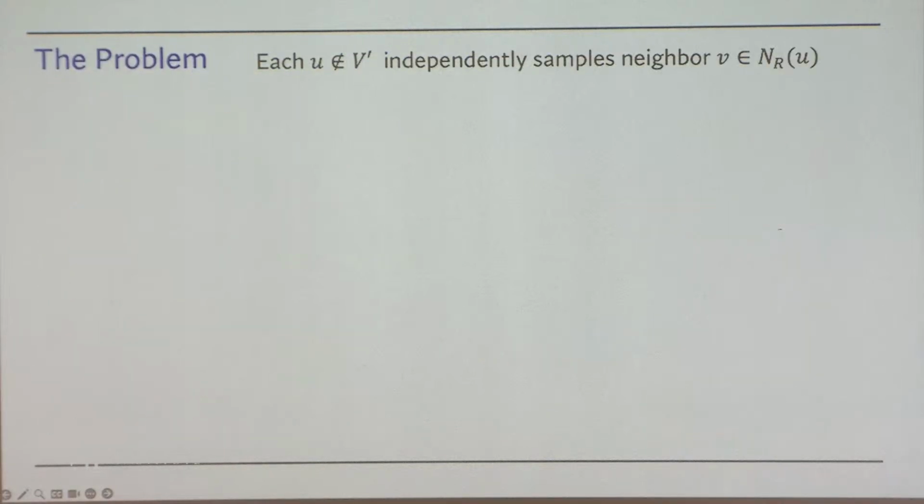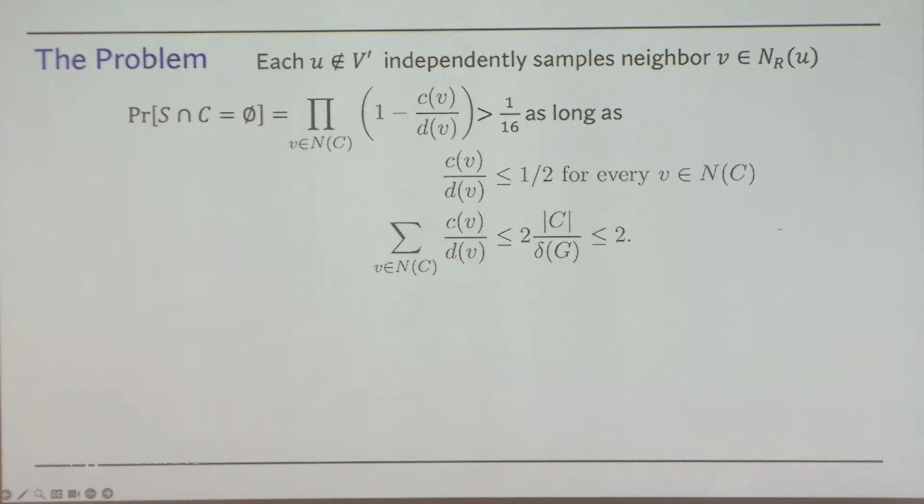So what is the problem? If we abstract out the problem, you have a vertex set V prime, and every u that is not in V prime has to independently sample a neighbor in R of u, essentially. V prime is the set which you do not touch.